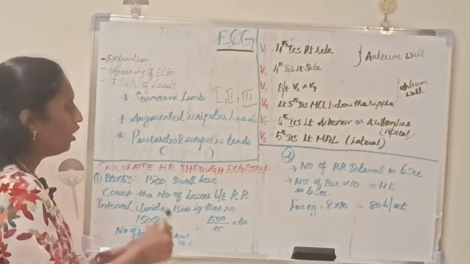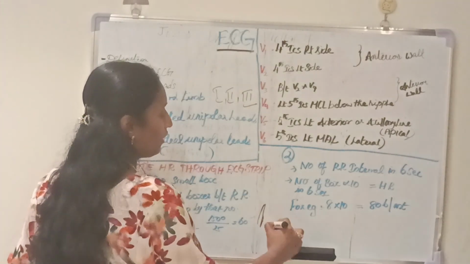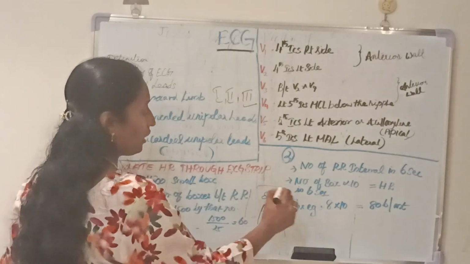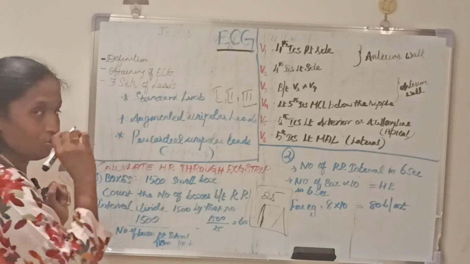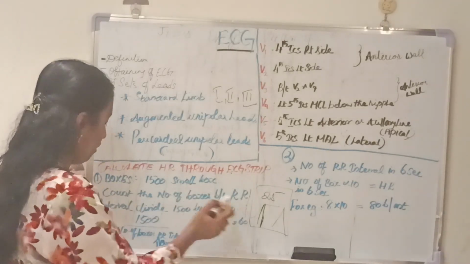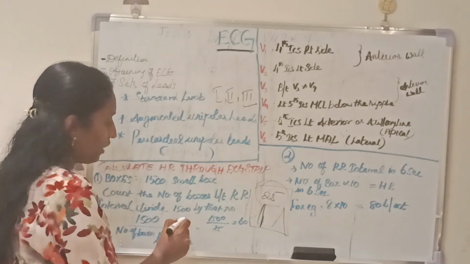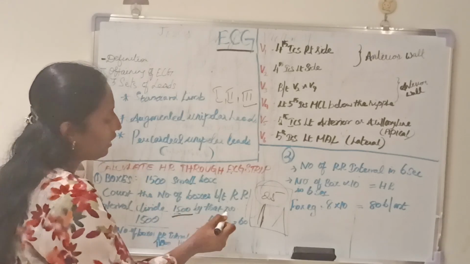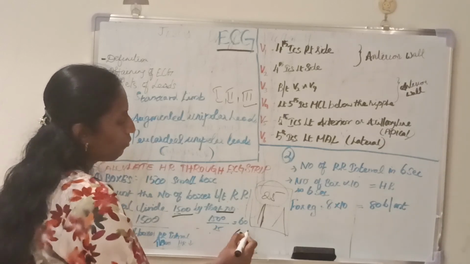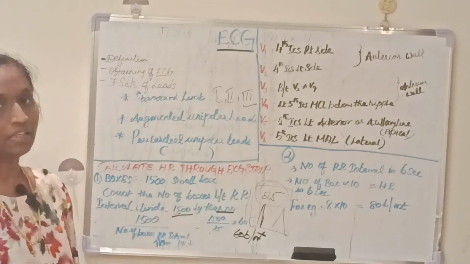For example, here you have this RR interval, which has 25 boxes. So 1500 divided by 25 equals 60 beats per minute. Understand? Likewise, we can calculate the heart rate.